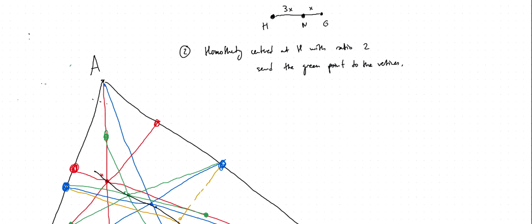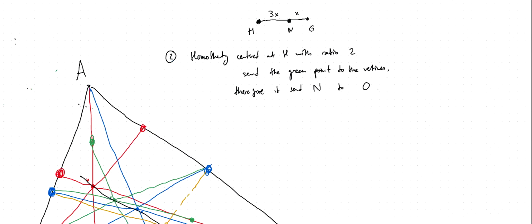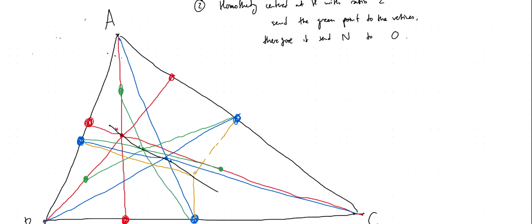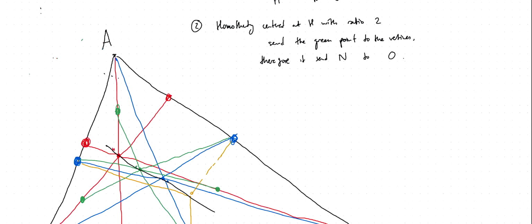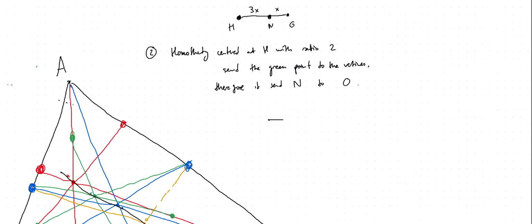Therefore, it sends N to O, because N is the circumcenter of the green points and O is the circumcenter of the vertices. So it's basically just this similarity. So HN, okay, in the figure it doesn't look like this, but HN is actually equal to NO. This immediately shows that N is the midpoint of HO.